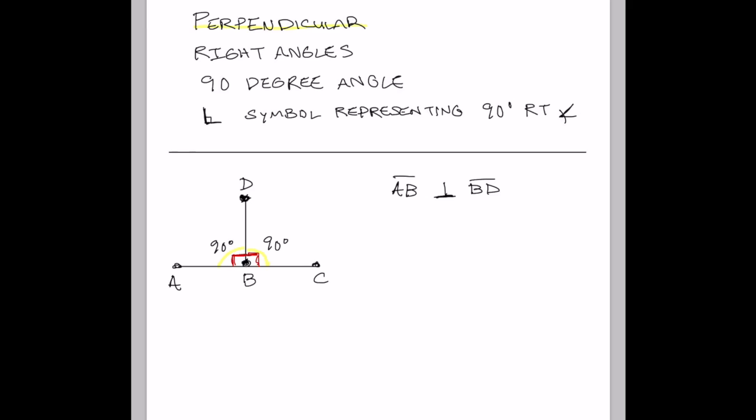Okay, and this whole thing right here implies that it's perpendicular. Okay, so that is a symbol. It looks like an upside down T, maybe you might think of it that way. Okay, so just the same, we could say line BC is perpendicular to line BD as well.